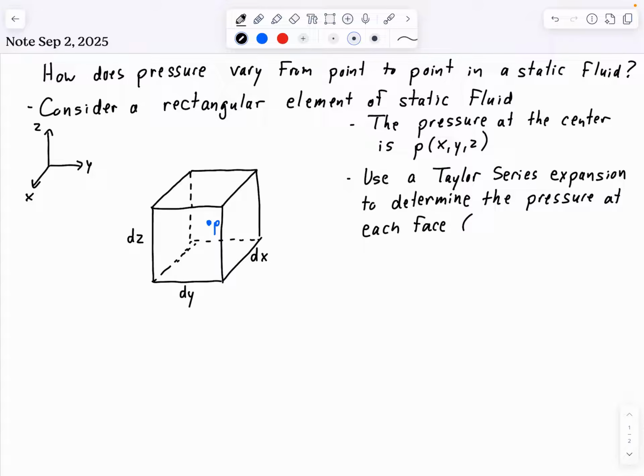And we're going to ignore the higher order terms, and the reason we can do that is because the element is small.